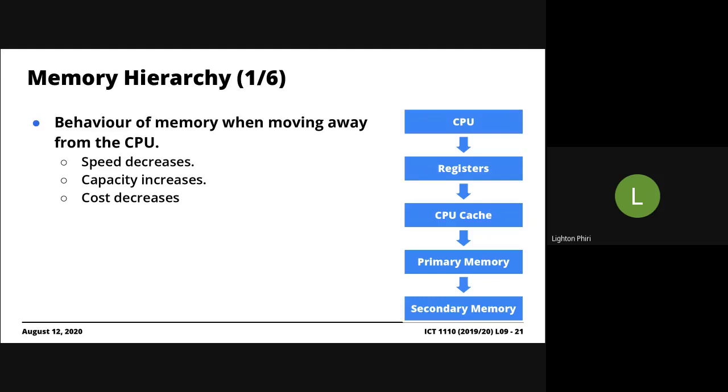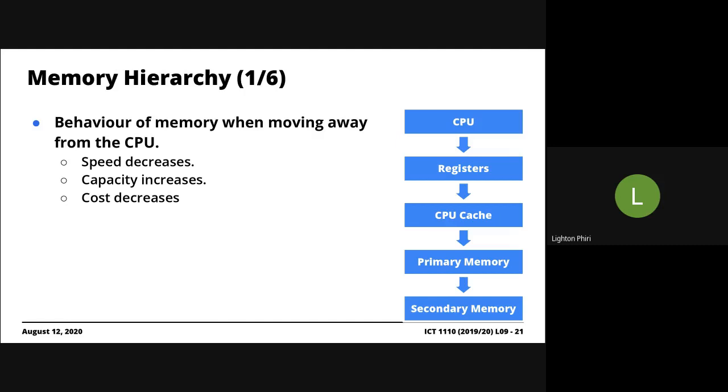If you look at this from a different aspect, these are the aspects we're talking about here: speed decreases, capacity increases, cost decreases. Another way of looking at speed is loosely the data rates associated with the particular component itself.